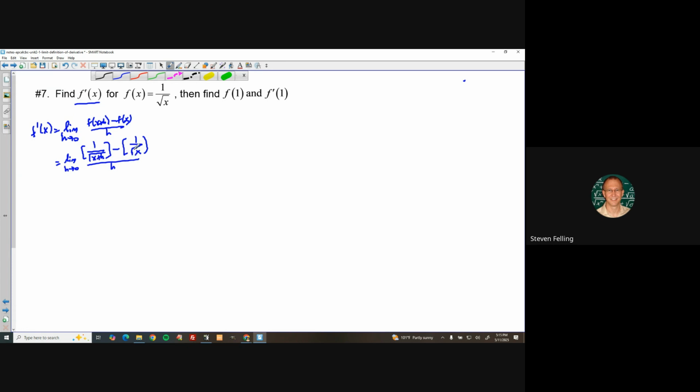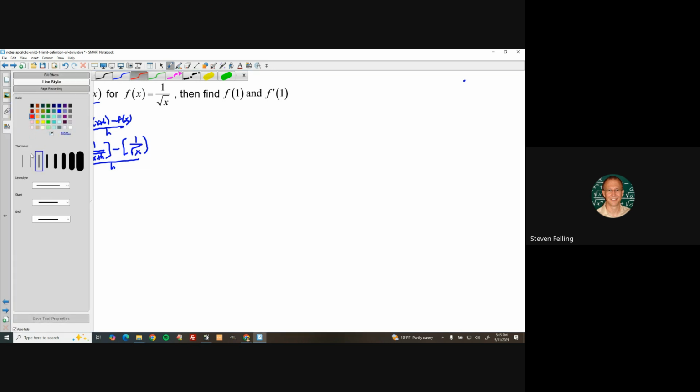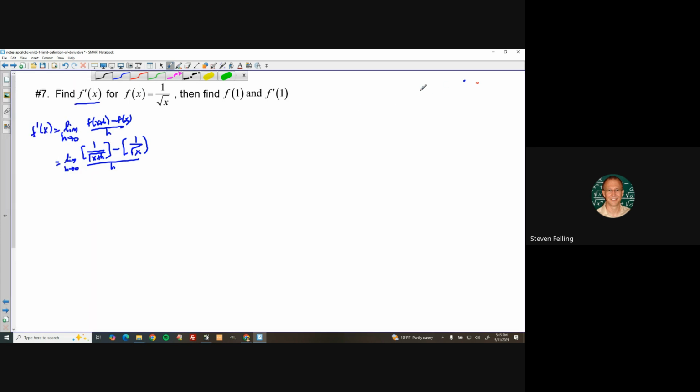So there's a couple things we could do, but I'm going to think of it this way. If I have to clear this square root of x, I'm going to do this in 2 steps. Let's just get rid of that square root of x. So what I'll do is multiply top and bottom by square root of x.